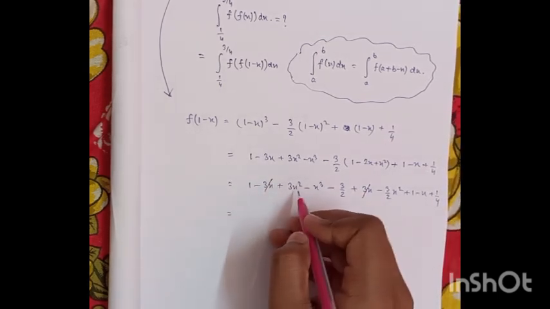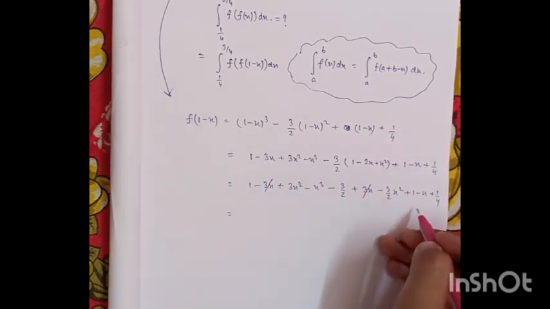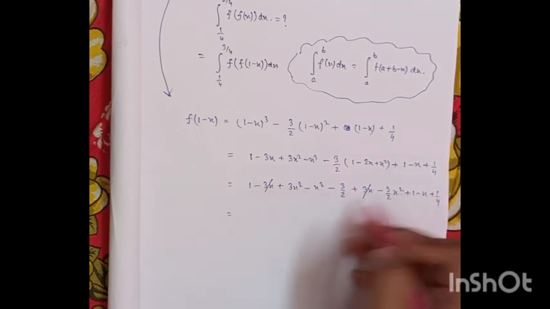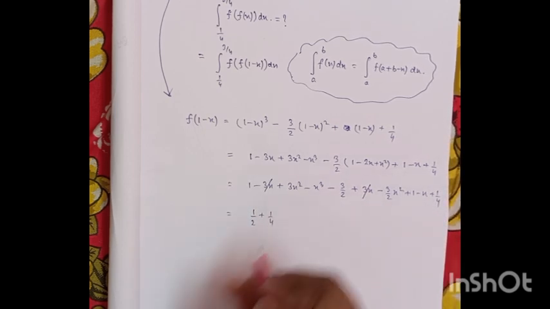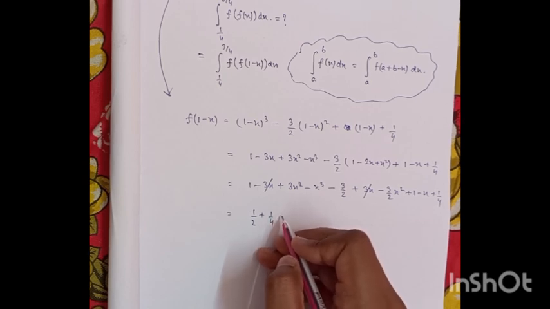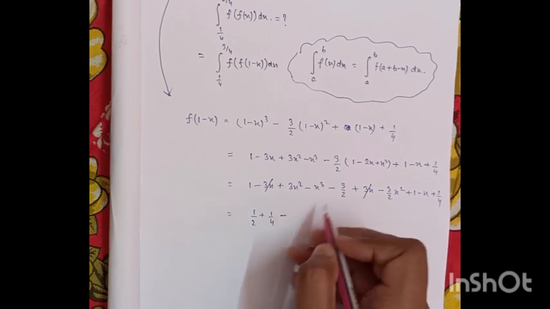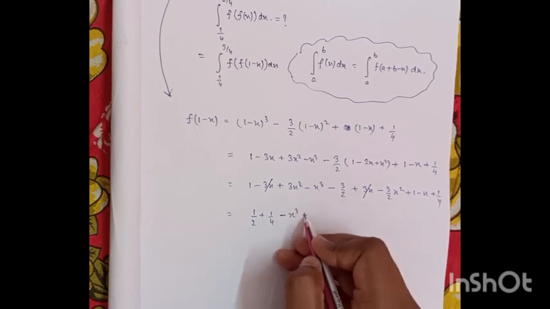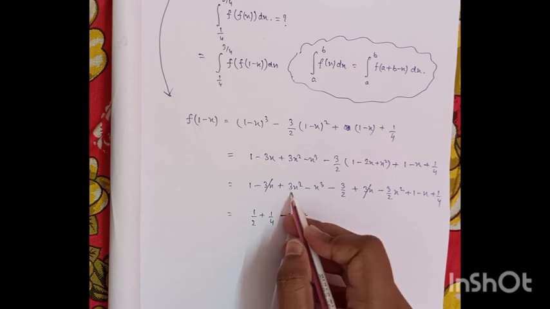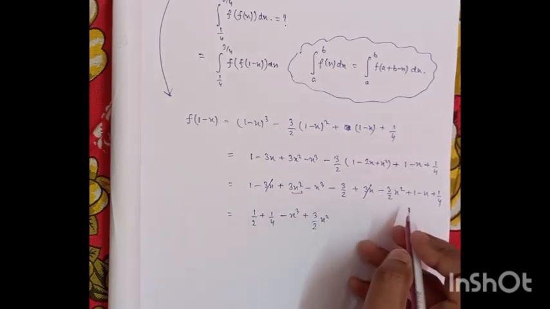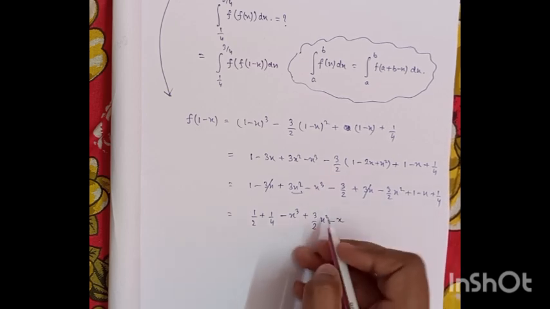So the plus 3x and minus 3x will get cancelled, and the constant term will be 2 minus 3 by 2 plus 1 by 4. So it is half plus 1 by 4, and then minus x cube, plus 3x square minus 3 by 2 x square, so plus 3 by 2 x square, and then minus x.